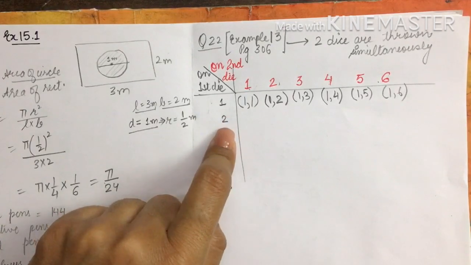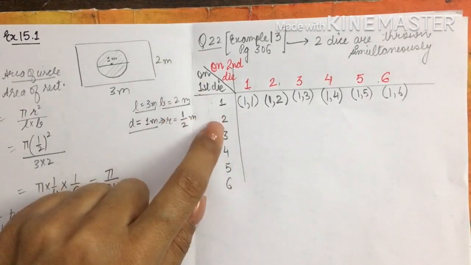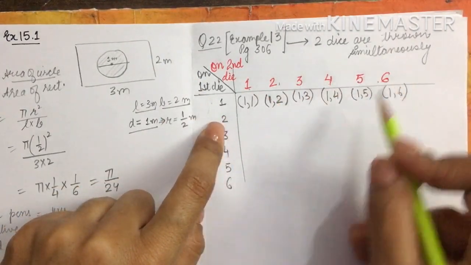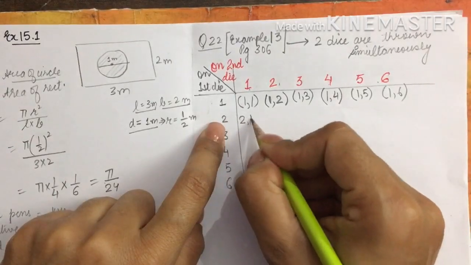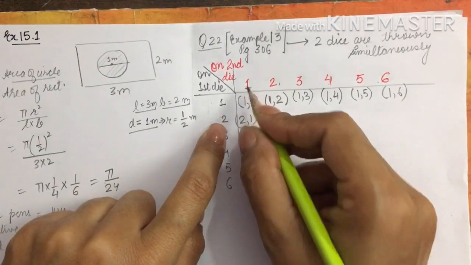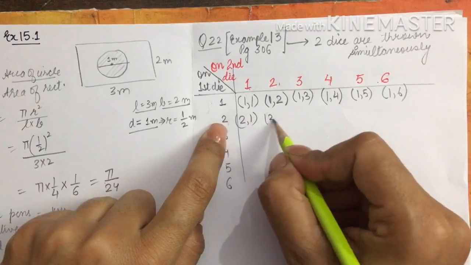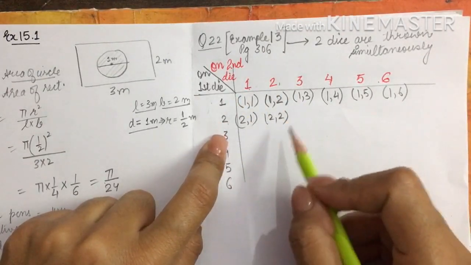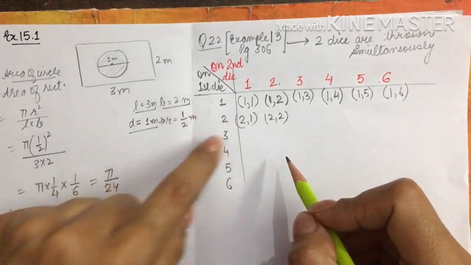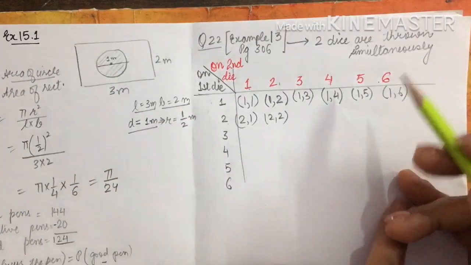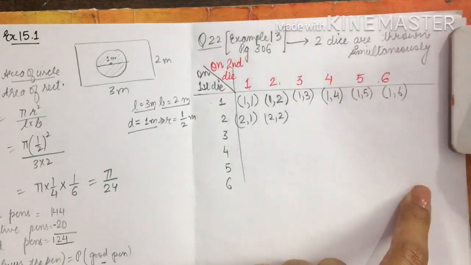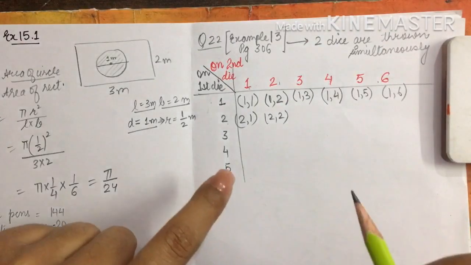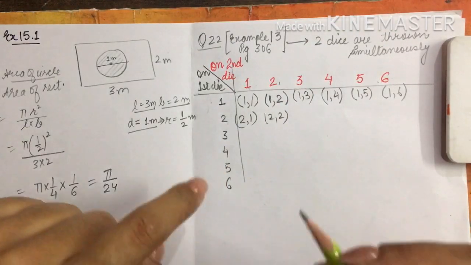Now for 2, if on the first die you get a 2, combine it with all 6 possible outcomes. So 2 will have a combination with 1. This 2 will have a combination with 2. This is like combining columns and rows, and you have intersection. So these are the rows and these are the columns, and their intersection, the cell formed, you have to write down its number, if you can think of it that way, like a spreadsheet.